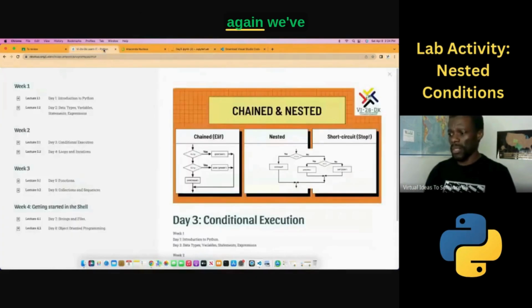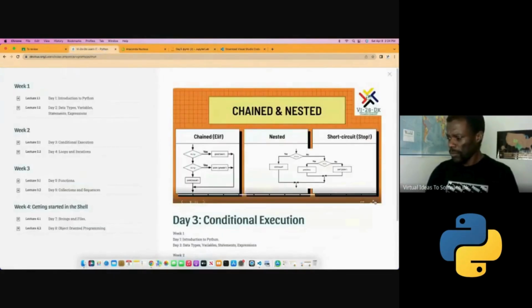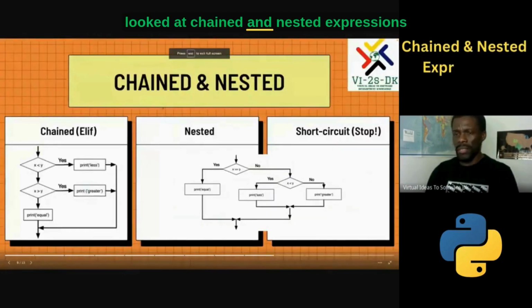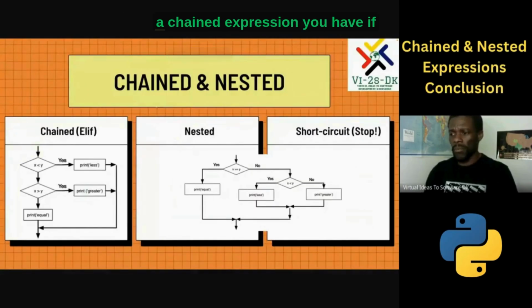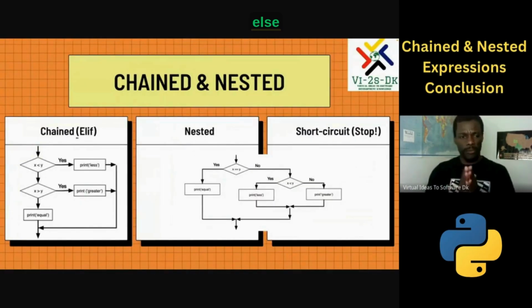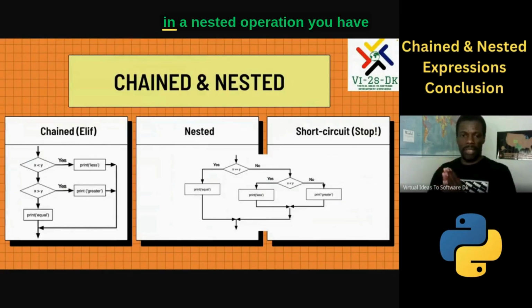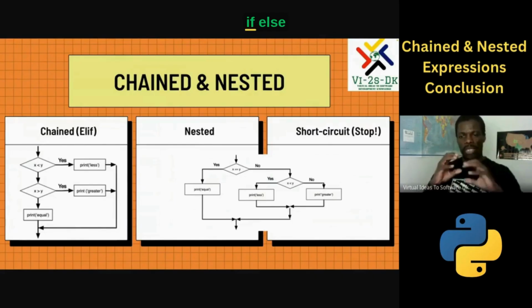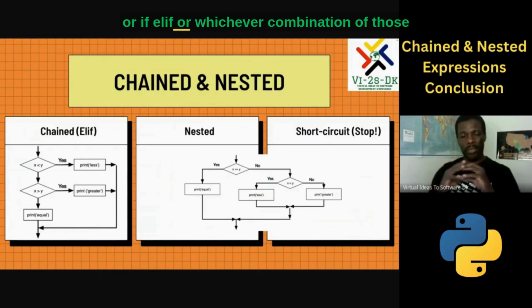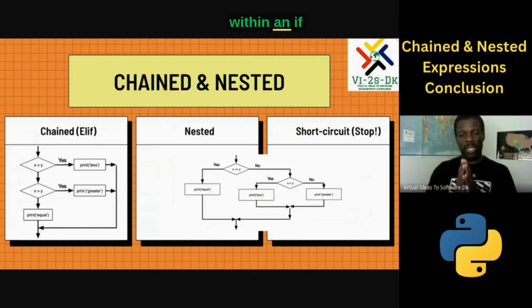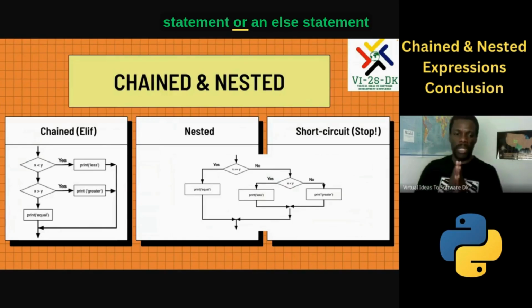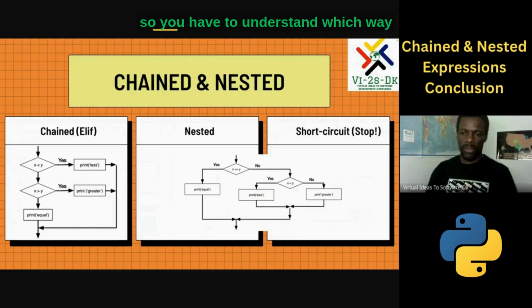Just want to emphasize again, we've looked at chained and nested expressions. In a chained expression, you have if, else if, or elif, and else. In a nested operation, you have if else or if elif, or whichever combination of those within an if statement or an else statement. So you have to understand which way is the best way of doing it.